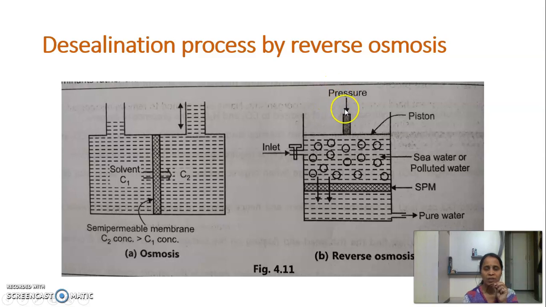The same osmotic pressure is applied on seawater, and with that osmotic pressure, whatever solvent or water is flowing through the SPM, that is the semi-permeable membrane, is nothing but pure water, and the process is reverse osmosis. That is, reverse osmosis is nothing but a removal of solvent from solution. The obtained water is fit for drinking purposes and hence widely preferred in countries which are situated at the seashore.